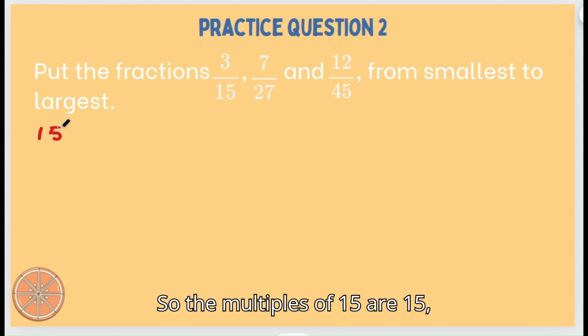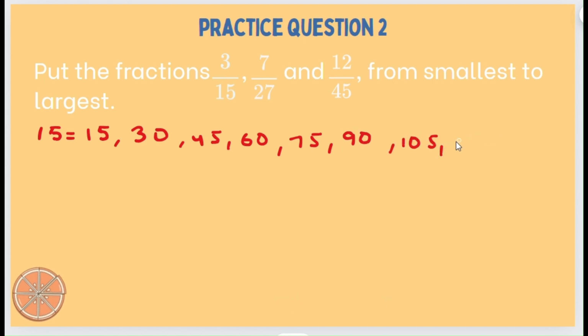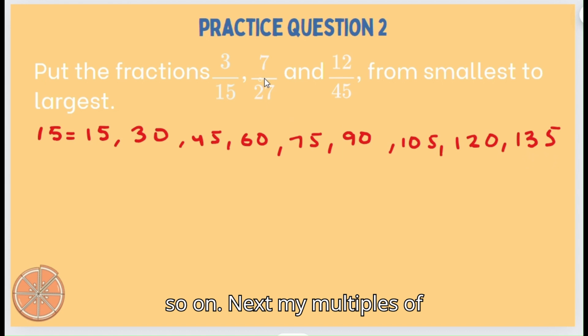So the multiples of 15 are 15, 30, 45, 60, 75, 90, 105, 120, and 135, and so on.